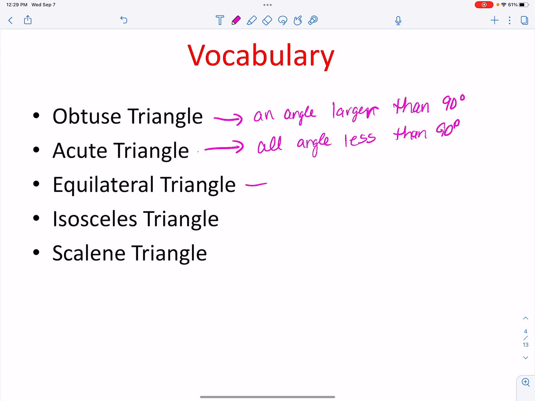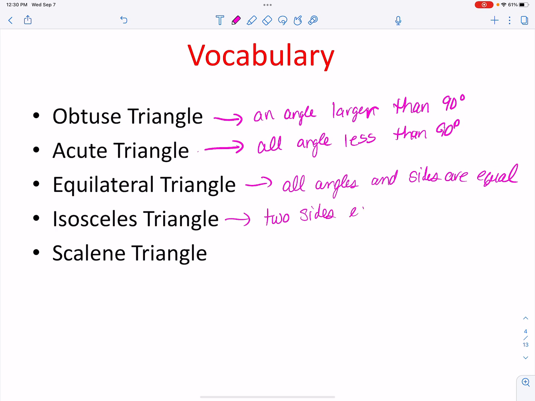An equilateral is all angles are equal, all sides are equal. An isosceles is when you have two sides equal. And a scalene is when you have no sides equal. They're all different lengths.